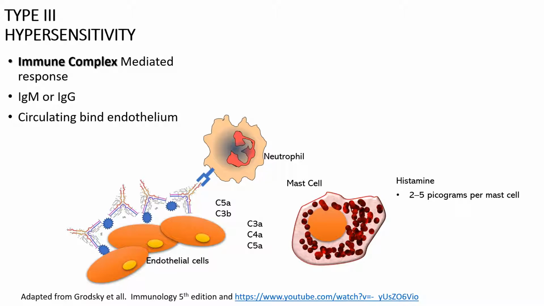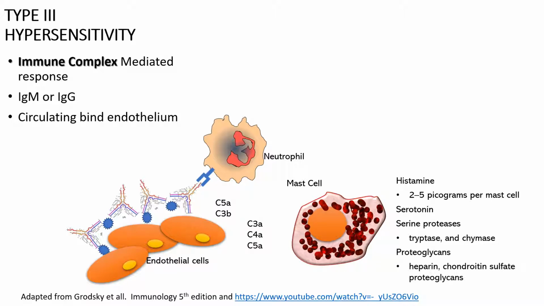They carry a huge amount of histamine, serotonin, serine proteases. All of these are enzymes that will destroy the tissues where the immune complexes are deposited. But furthermore, it can also produce heparin, for instance, and this will make the blood flow faster and distribute widely in the tissues that are being attacked.